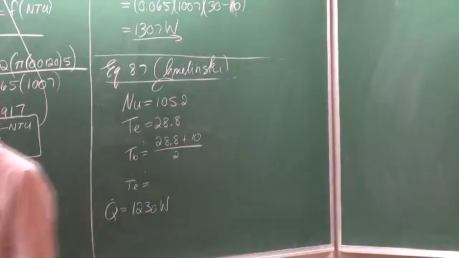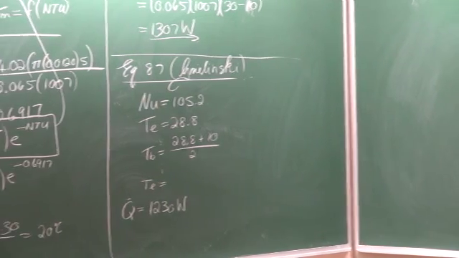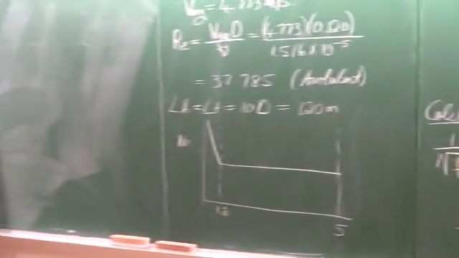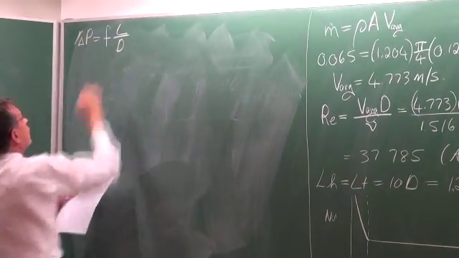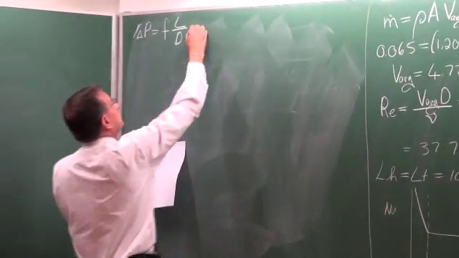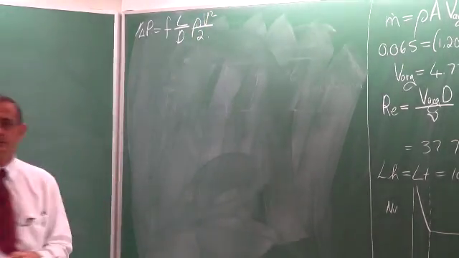Okay, something that hasn't been asked was the pressure drop. Let's just calculate the pressure drop also, just as an exercise. The pressure drop is equal to the friction factor multiplied by L over D multiplied by rho V squared divided by 2.